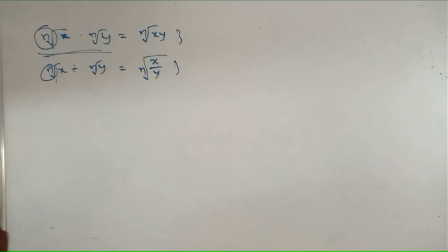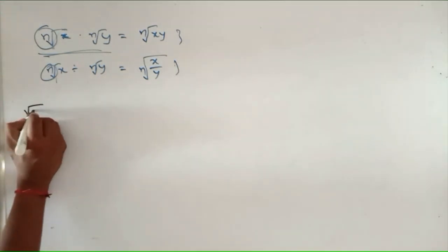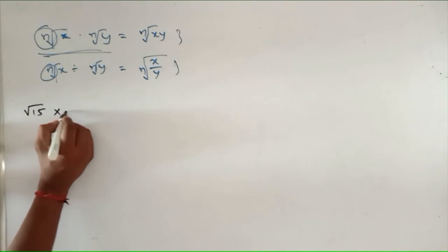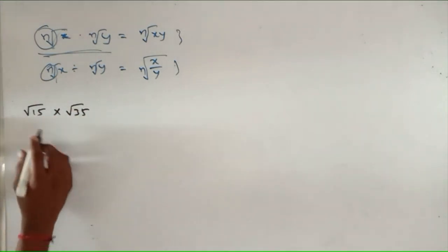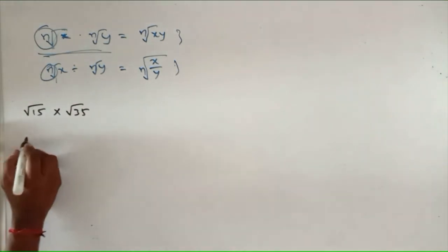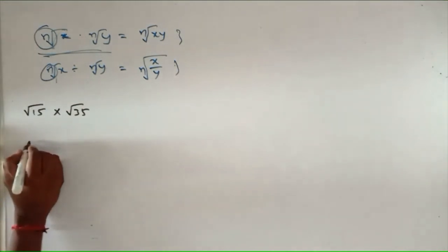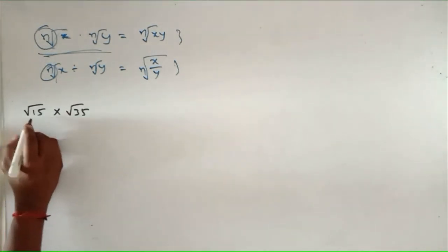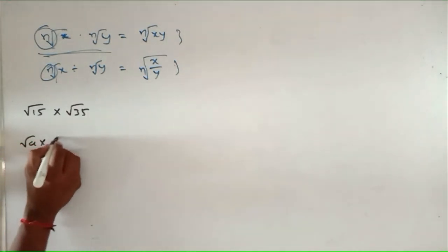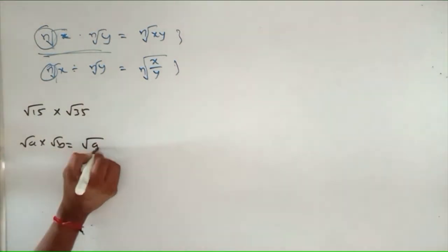Example, I am taking the example here, that is, simplify root 15 into root 35. So here the order is not the same, so first I am going to change the order. Here it is in the form of root a into root b is equal to root ab.